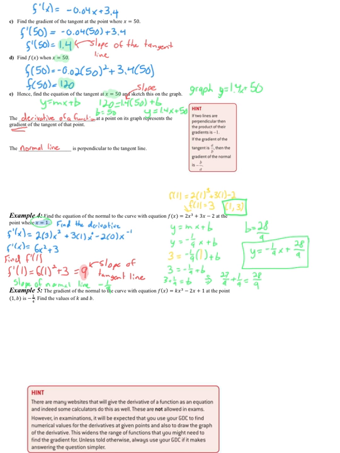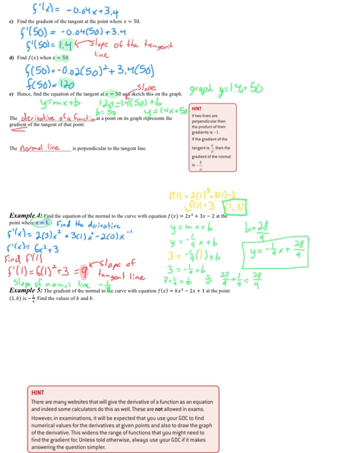And I found that point 1, 3 because I was given x equals 1, so I can solve for the 3 pretty easily. And then I have to solve for the derivative and the slope of the tangent line by plugging in that point in the derivative equation. All right, that's the idea with this particular problem.